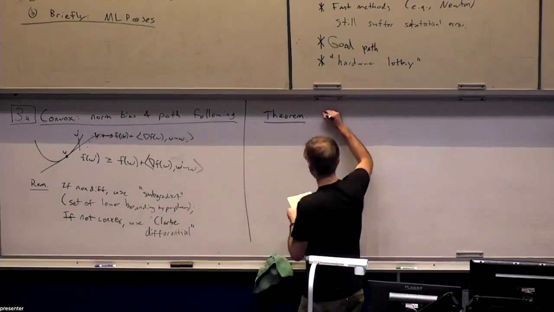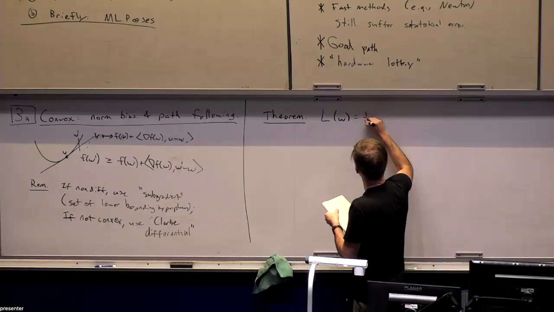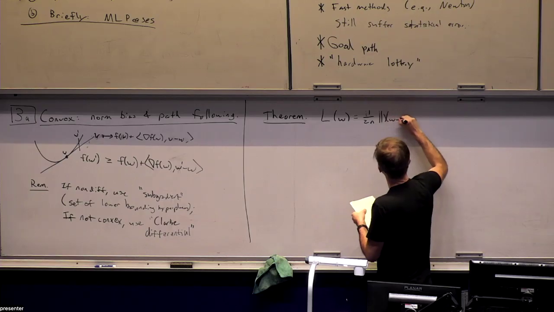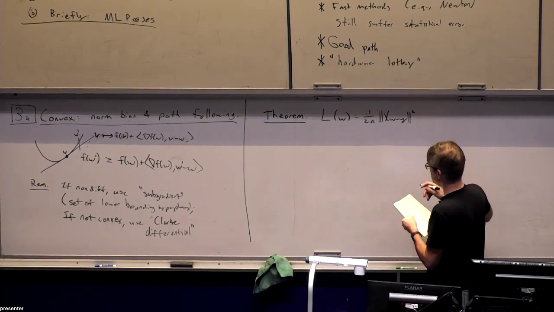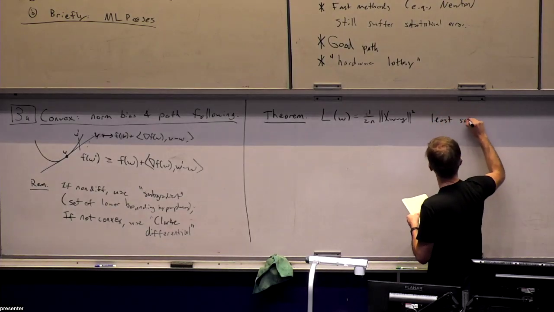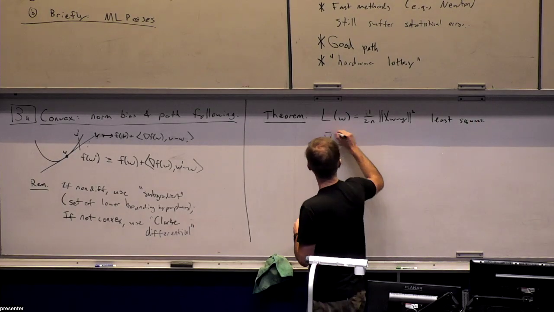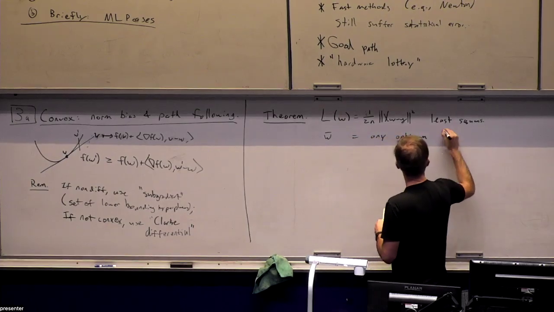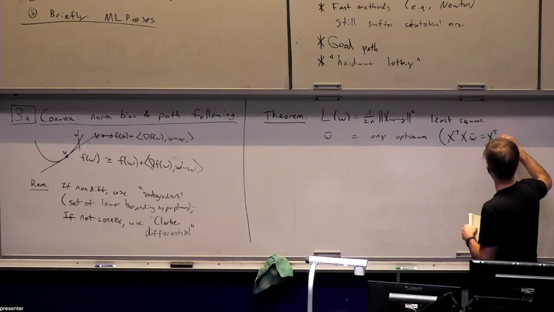And I should say that almost everything I do today is going to be for not least squares, but for the cross entropy loss. If that upsets you, I can explain. They are very different. Okay, so I'll use this loss. And I'm going to let W bar be any optimum. So that would just mean it has to satisfy this equation.